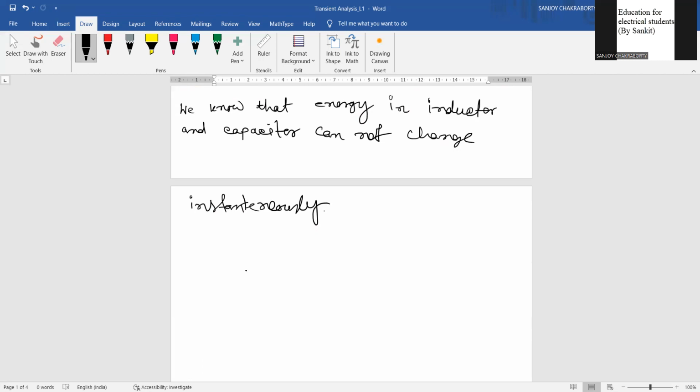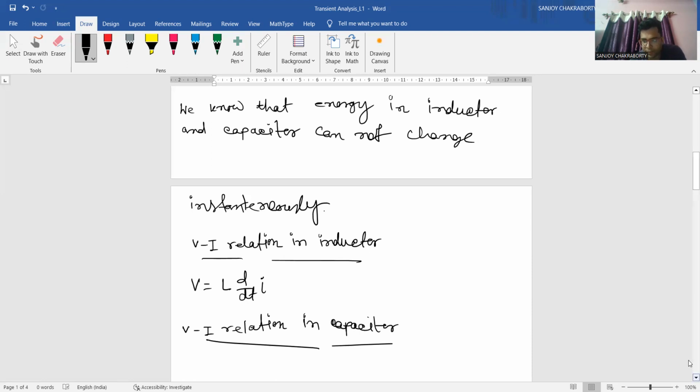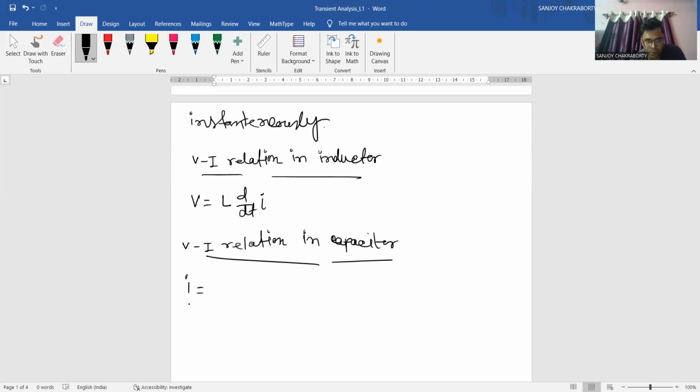Because we know the voltage-current relationship. The VI relation in inductor is V equal to L di/dt, and the VI relation in capacitor is I equal to C dV/dt, where V is voltage across capacitor and I is current flowing through capacitor.